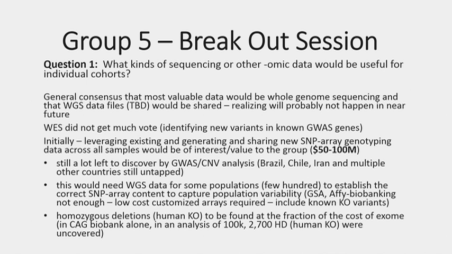But this would need some whole genome sequencing in some cohorts to establish the foundation of the genetic architecture in these countries where such data doesn't exist, and custom-based arrays, as you know, are very inexpensive today, and at scale can probably do a sample at $20 or $25 a run.